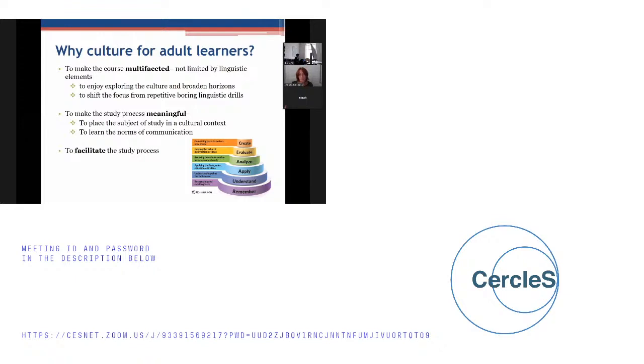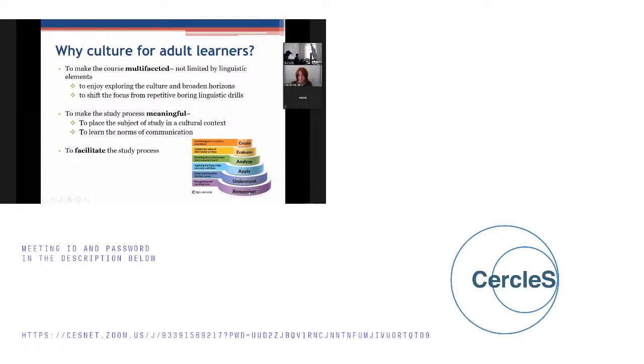Of course, it facilitates the study process, and as we can see here, the hierarchy of learning outcomes, according to Bloom's taxonomy. In such a short course, of course, students achieve lower learning outcomes.